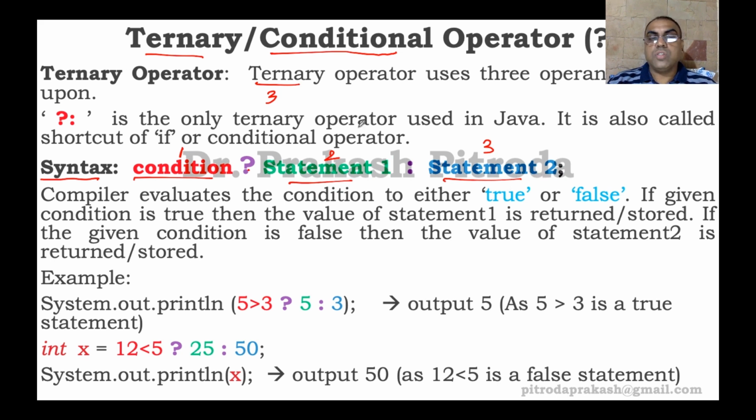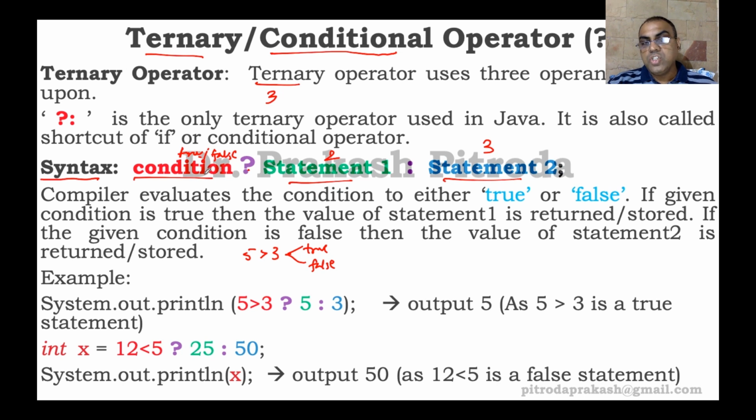How does this work? The computer evaluates each condition as either true or false. Every condition, like 5 greater than 3, will evaluate to either true or false. If I change this sign, it can become false or true. So a condition will always return either true or false.